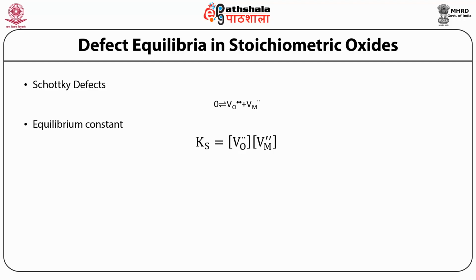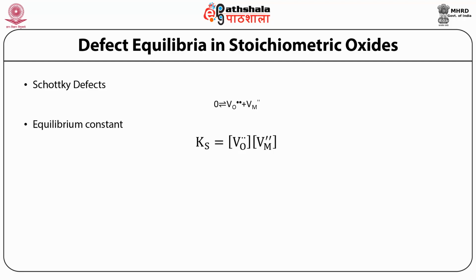Here square brackets are used for the concentrations. So the equilibrium constant is the multiplication of the concentrations of the products, that is [VO double dot] into [VM double prime].